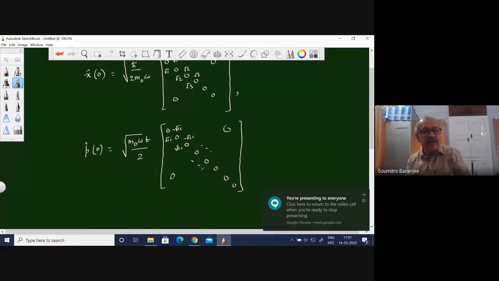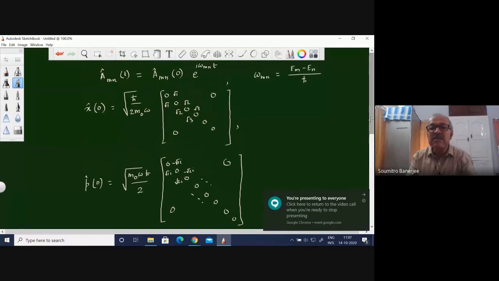How did we arrive at that? Notice the line of logic that we used. At some stage, we arrived at an equation here.